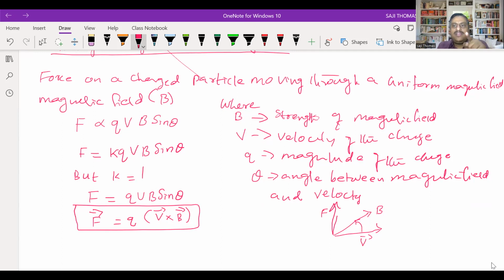Hold the forefinger, central finger, and thumb of your left hand in mutually perpendicular directions. If the forefinger points in the direction of the magnetic field, the central finger represents the direction of motion of the charge, then the thumb will give the direction of the magnetic force. This is Fleming's left hand rule.